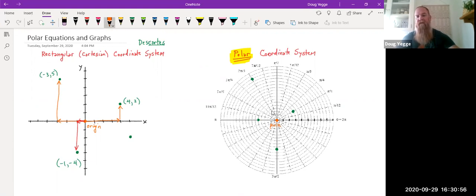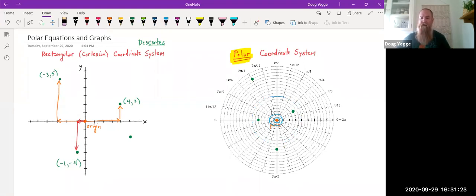And essentially we can see that each of these concentric circles are a certain distance away from that pole. For instance, here is a concentric circle, and here's the next one. And I also see one way out here. And each of these concentric circles has a certain radius, a certain distance away from the pole.